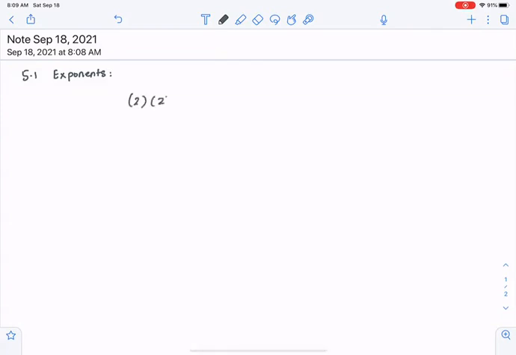If I multiply the number 2 to itself 6 times, I have to write it out in a very lengthy form. But I could write it this way in a very compact notation, 2 raised 6.